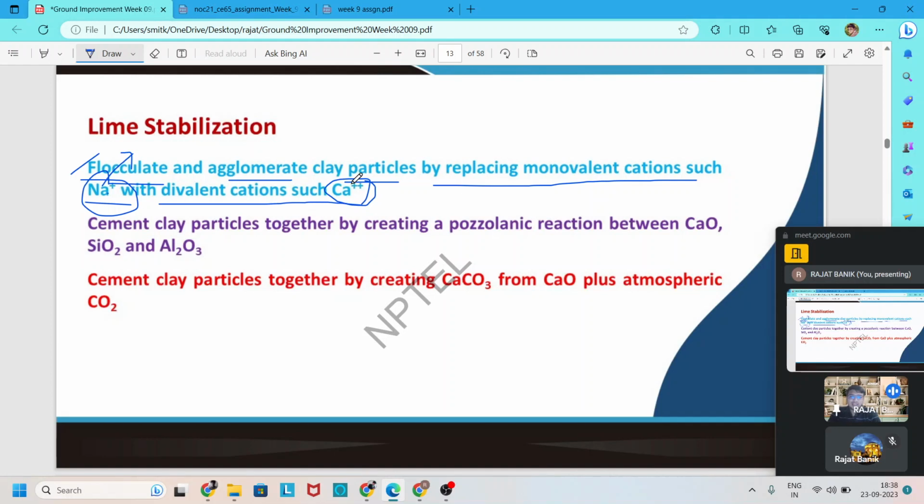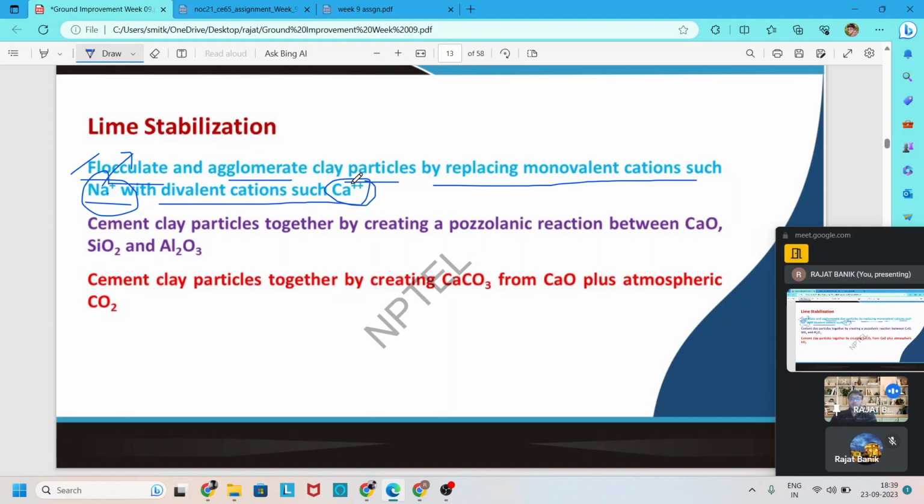Lime, silica and alumina are also called the pozzolanic content. When these three combine, cementitious material is created. This cementitious material is used for the stabilization of the ground.